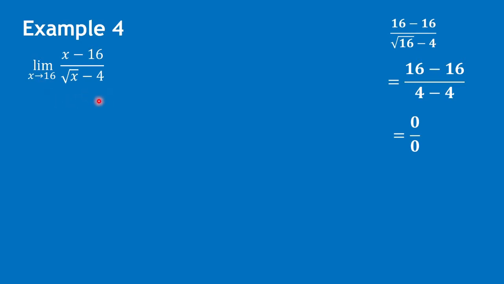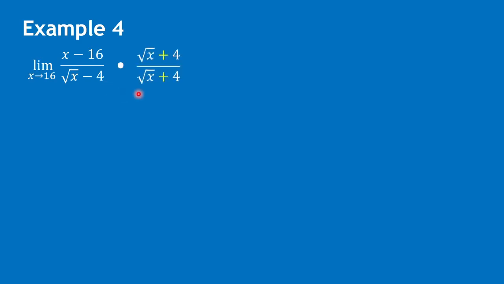Therefore, we need to multiply this function to the conjugate of the denominator. So in this case, we have the square root of x minus 4 as the denominator, so we need to multiply it by square root of x plus 4 over the square root of x plus 4. So as you can see, we just changed the sign of the denominator here. So this would be minus, and for this factor, you just have to do it as addition.